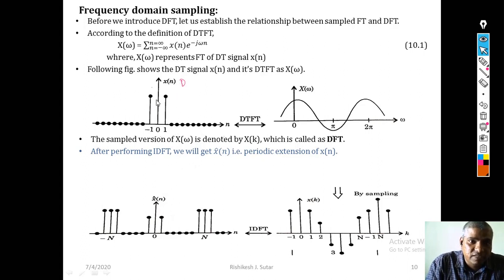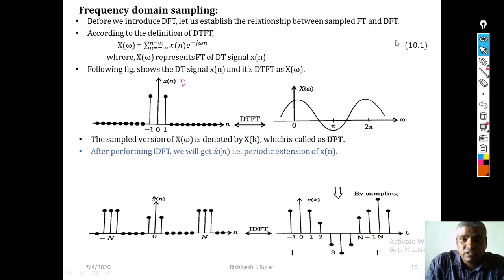Means whatever x of n I have is repeated after each period. So this is around 0, then I will get one more version at N, one more version at 2N. Same on the negative side, one more version at minus N, one more version at minus 2N, and so on.